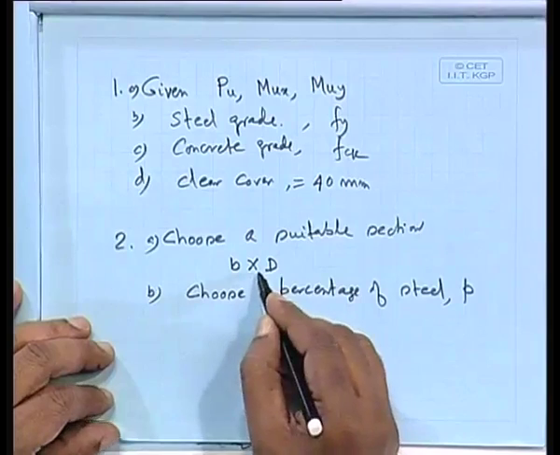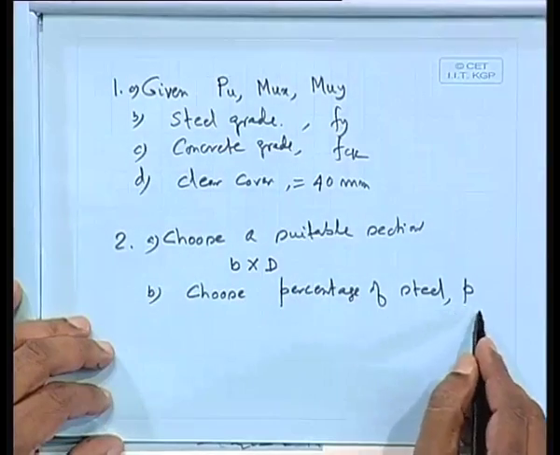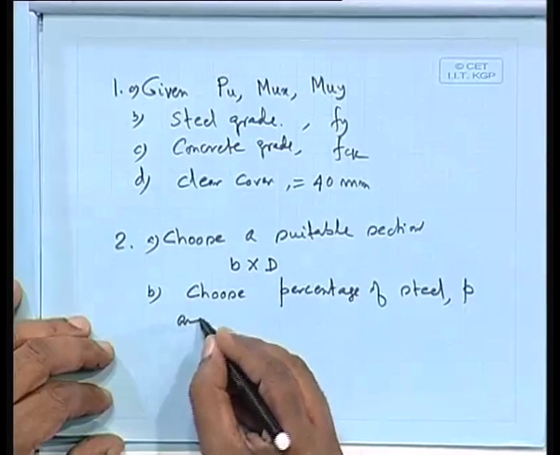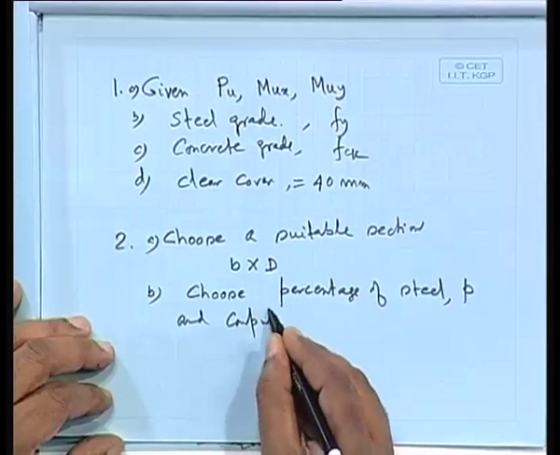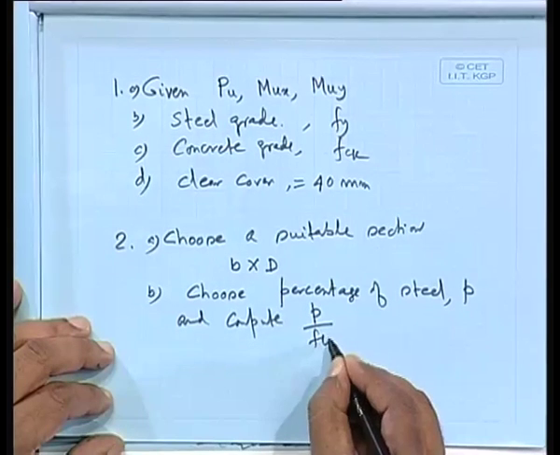So, you are choosing a section B times D, choosing the percentage of steel also, and computing P by fck.